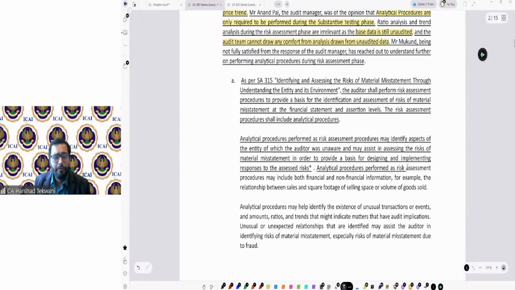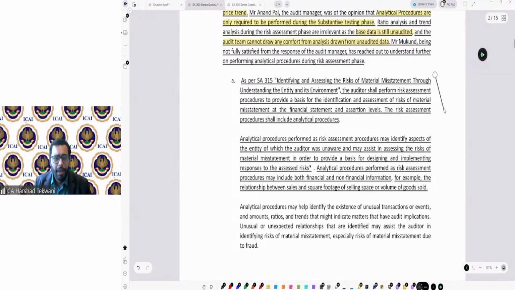Analytical procedures performed as risk assessment procedures may help with both financial and non-financial information. For example, the relationship between sales and square footage of the selling space, or the volume of goods sold, is a kind of analytical procedure. So first I quoted a provision.